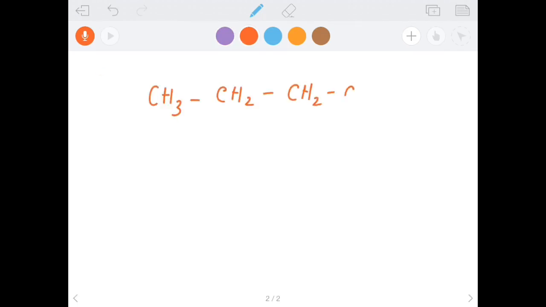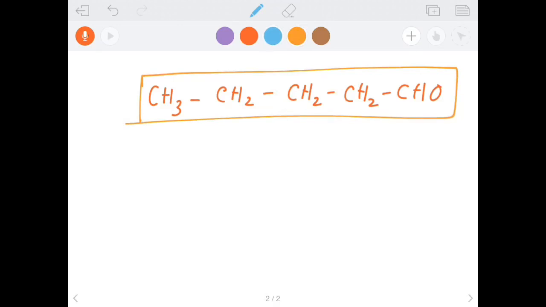CH3, CH2, CH2, CH2, CHO. If you notice, CHO happens to be my functional group here, which represents an aldehyde. So this happens to be my longest chain. As I said, CHO is my aldehyde group. I need to start numbering always from the aldehyde group.